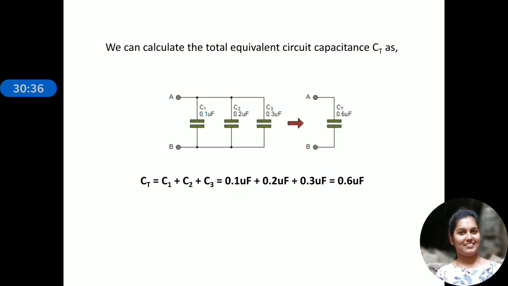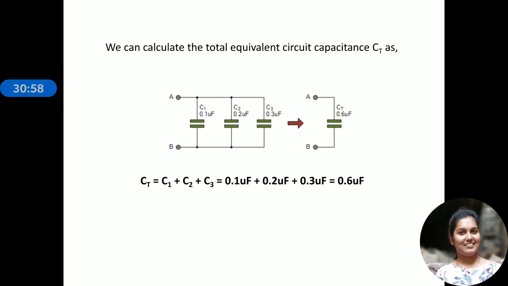Okay, so let's see an example here. I have given you a circuit, the same circuit. Here we have three different capacitors with three different values. C1 is equal to 0.1 microfarad, C2 is equal to 0.2 microfarad, C3 is equal to 0.3 microfarads.